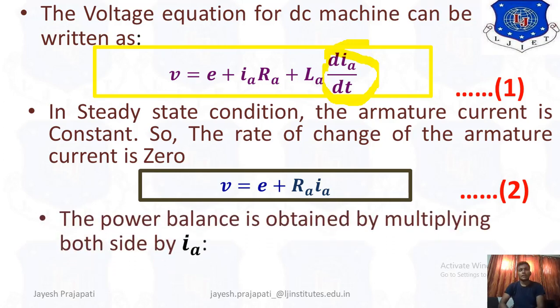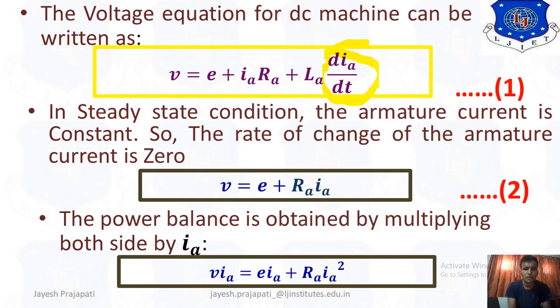The power balance is obtained by multiplying both sides by Ia, since power is equal to voltage into current. So it becomes V into Ia is equal to E Ia plus Ra into Ia square. Take this as equation number 3.